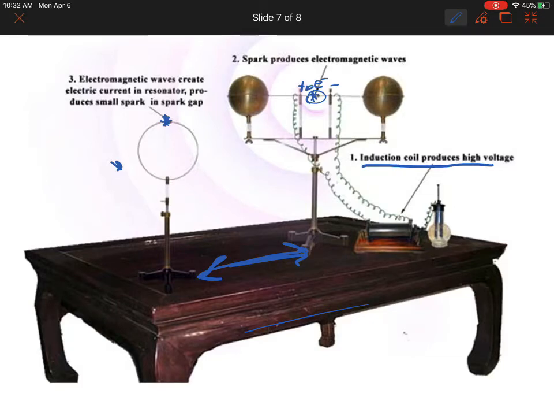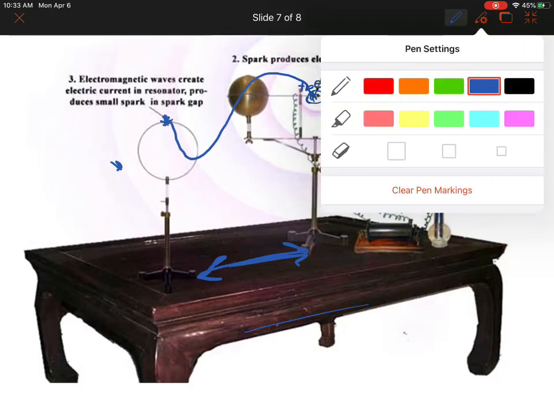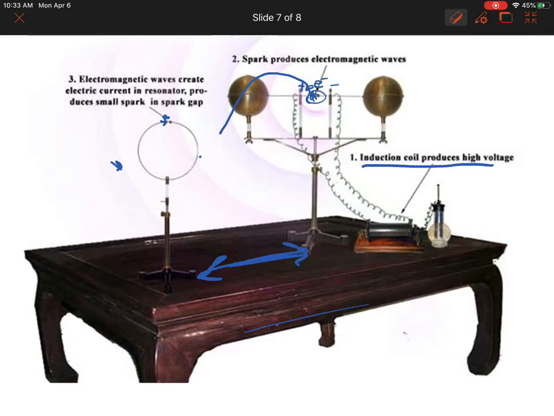So what he actually detected was radio waves. If you have this at the perfect length away, then you'll have exactly one perfect wavelength. That doesn't look pretty. Let's do that again. It's got to look pretty, you guys. There we go. So one perfect wavelength away. And he was able to figure that out because if he moved this any closer, nowhere in between would it create this spark.